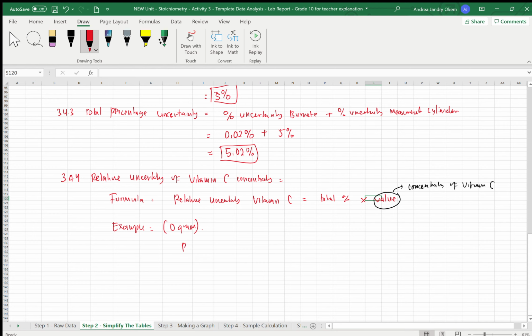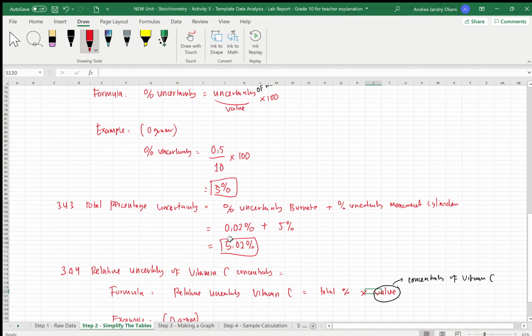So we can put relative uncertainty of vitamin C equals 5.02. I just changed the percentage into over 100 times value.